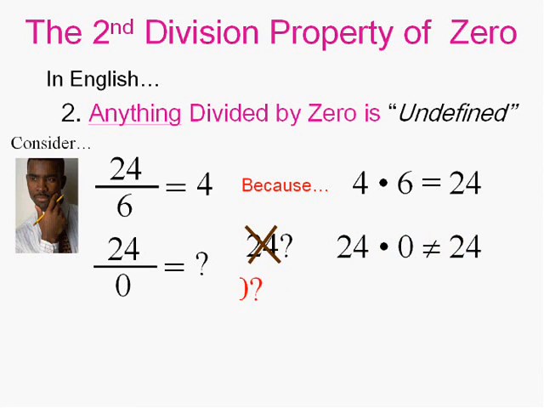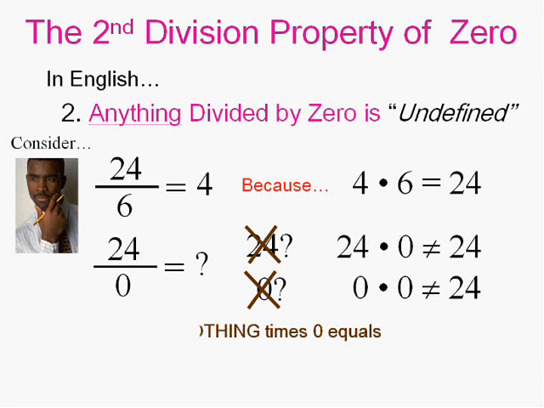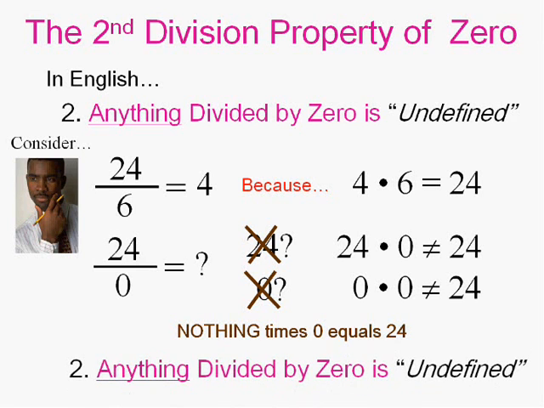Could it be 0? Well, no. 0 times 0 doesn't equal 24. You can't think of anything times 0 that equals 24. So I hope you see why: Houston, we have a problem. Nothing times 0 equals 24. There isn't anything. That's why you couldn't think of it. It's because anything divided by 0 is undefined, because you can't work backwards.